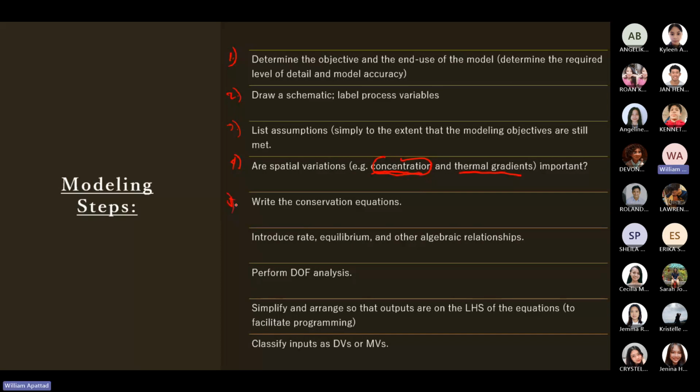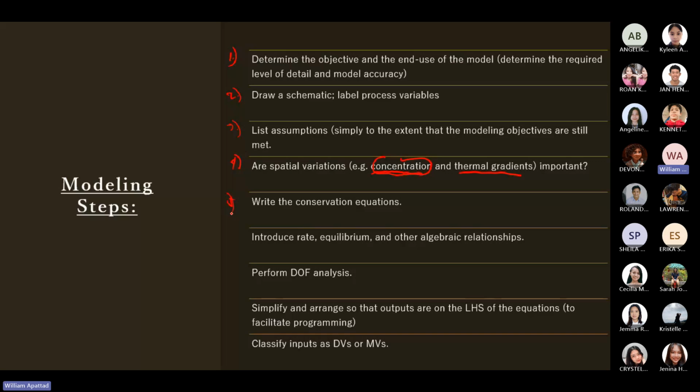Fifth, we need to write the conservation equations that is only applicable sa ating control objective. So for example, yung control objective natin is just to control the flow rates, the concentration. Ganun. So kailangan lang natin ng overall material balance and component balance.